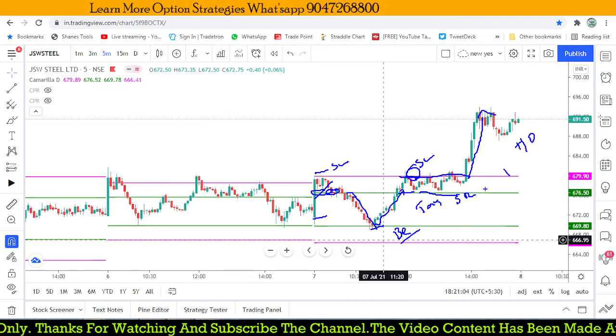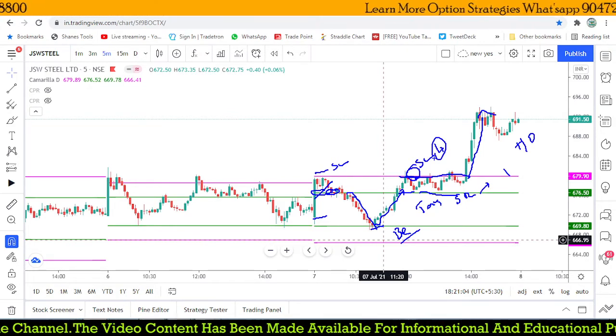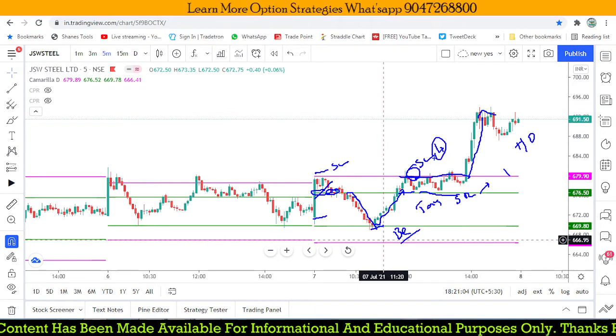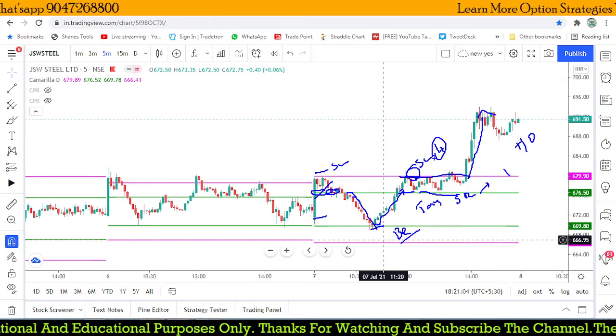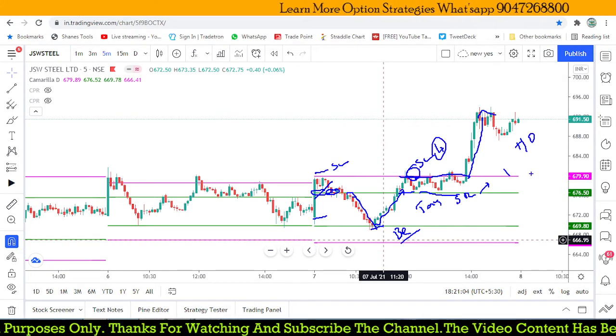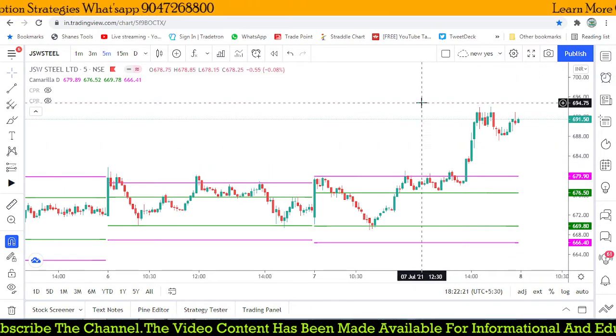So if you fail at the third trade, the fourth trade will give you a better result. So how can we do intraday trading effectively using the Camarilla levels? That was quite good and easy for making money from the trade. Based on the levels formed over the day, we can plan according to the chart.